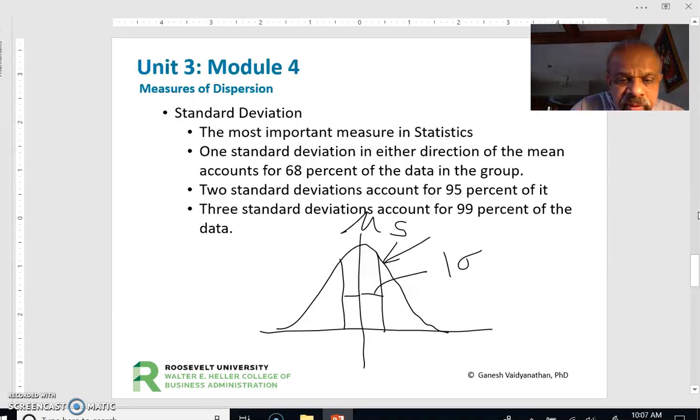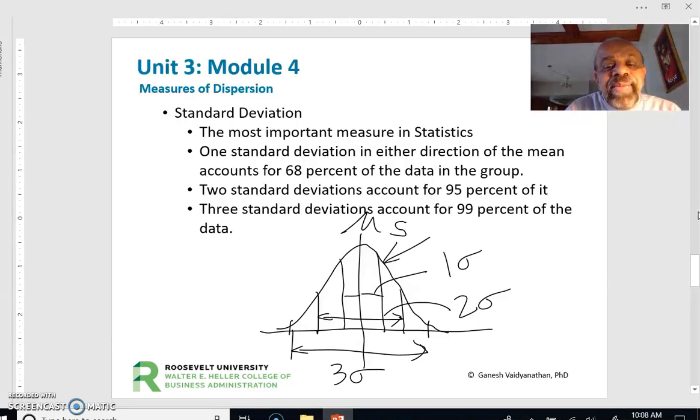This portion is 2 sigma. And this portion can be 3 sigma. What it basically means is that this area here is about 1 standard deviation away from the mean, and this portion is 2 standard deviations away from the mean, and so on and so forth.